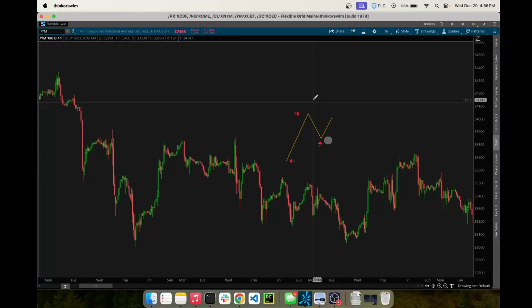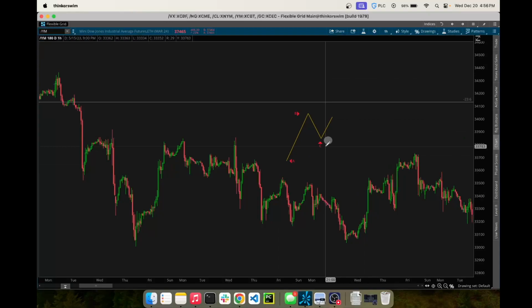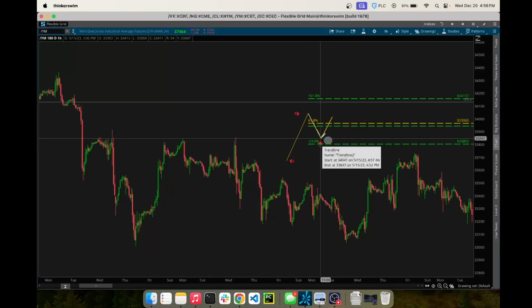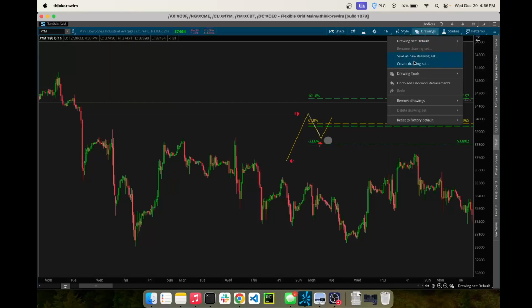So when we have A, B, and C, we can start thinking about where D is going to take place. So to do that, you have A to B, which was fibbed and gave us an entry. Now if we take B to C and we plot that out, we start looking at negative 161.8 being somewhere around our D leg.